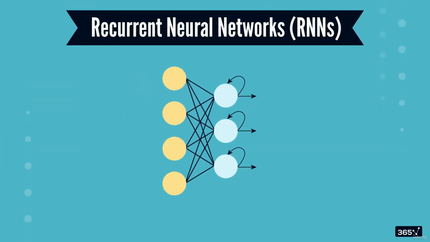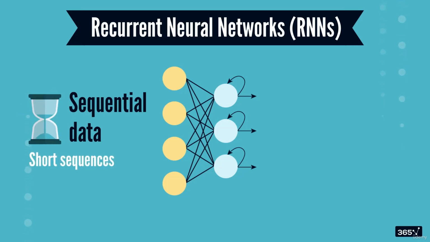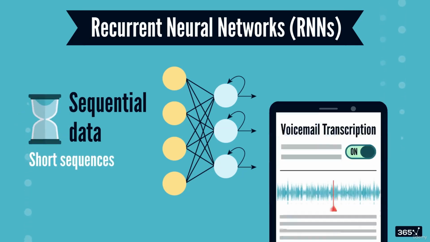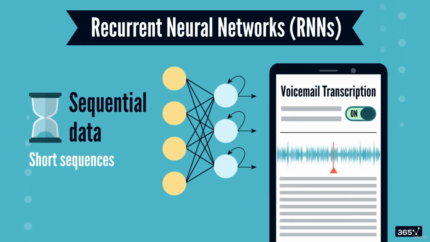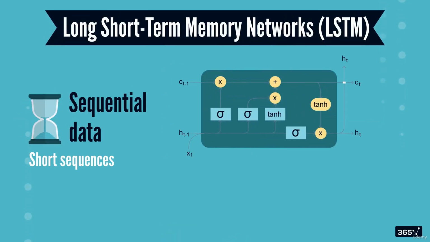Recurrent neural networks are very efficient for sequential data and suitable for applications requiring continuous speech processing with relatively short sequences. An example can be a voicemail transcription system where the context within a single message is crucial. Long short-term memory networks are good at capturing long-term dependencies and are suitable for applications requiring understanding context over longer sequences.